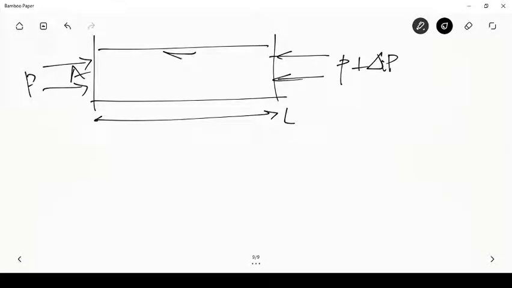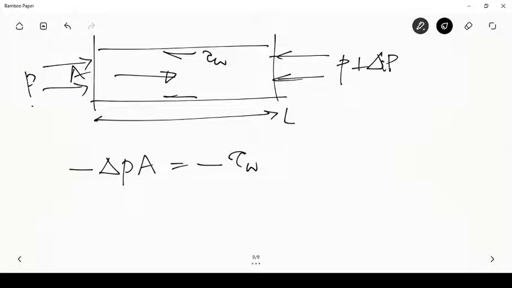Okay, now if the shear stress at the boundaries is this tau wall, then the force balance on this would basically tell me that the net force in the positive x direction can be written as P into A minus P plus delta P into A, which will be minus delta P into A, and that will be equal to the shear stress, which is in the negative direction because the flow is in this direction, so it will be minus tau wall multiplied by the surface area, which will be the perimeter.